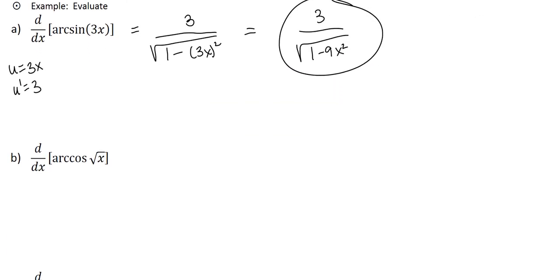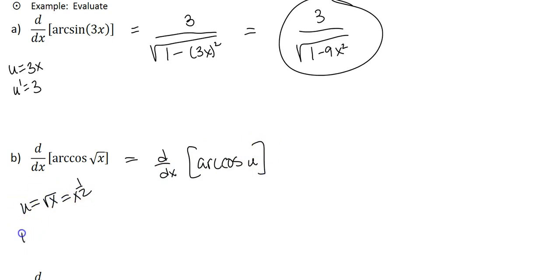The derivative, with respect to x, again, of arc cosine of u. U is the square root of x, or x to the 1/2. So u prime is 1/2 x to the negative 1/2, or 1 over 2 square root of x.